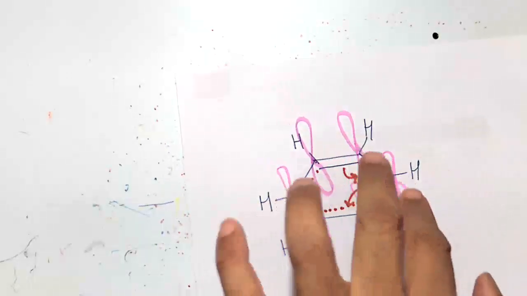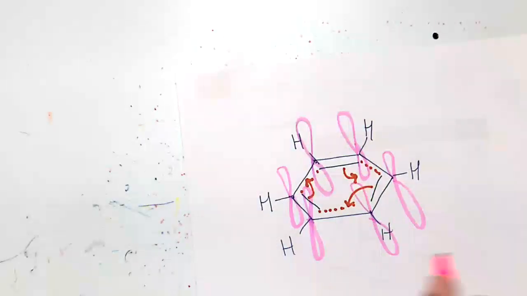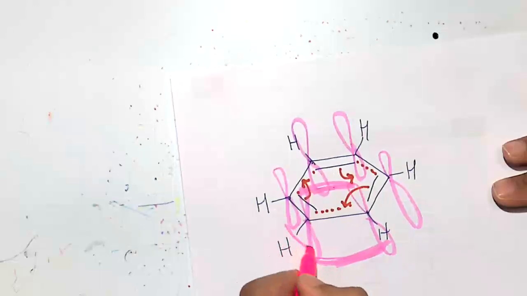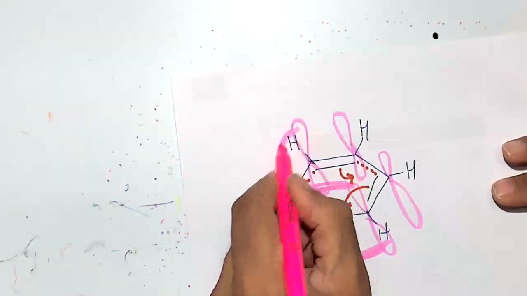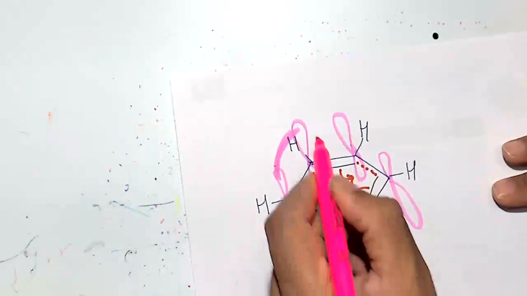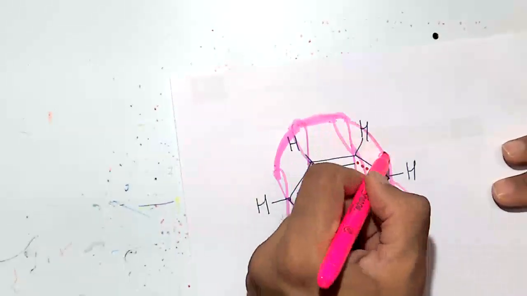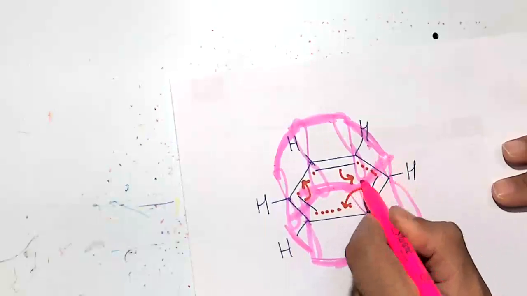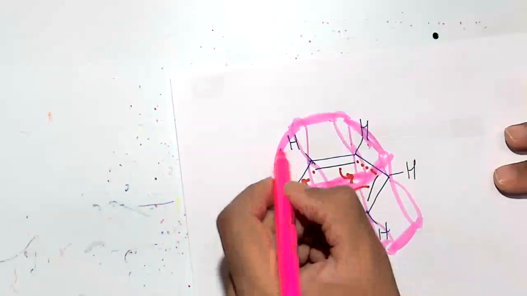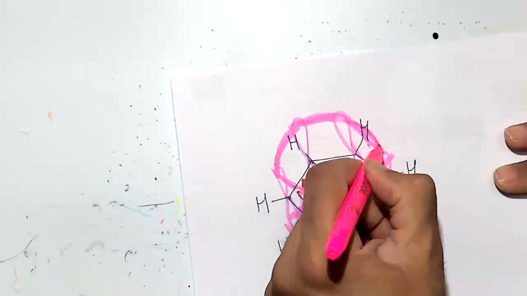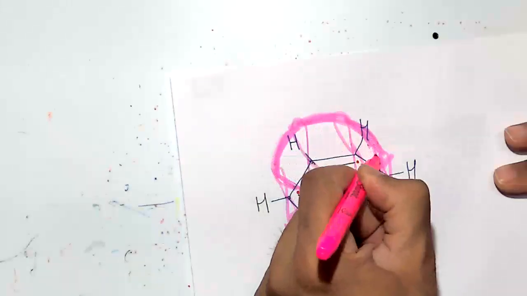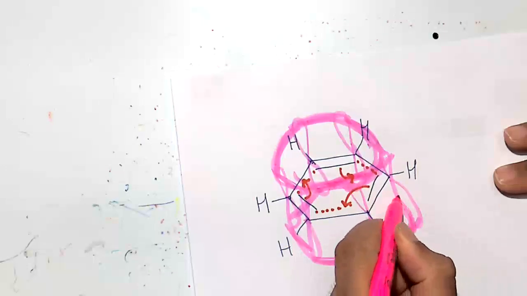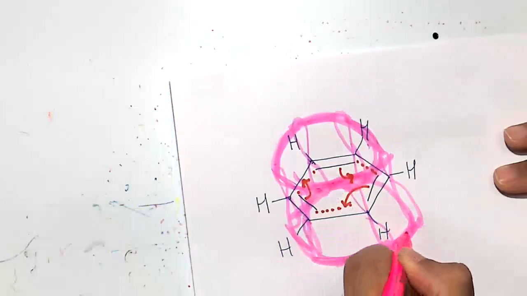So what you see here by the overlap of the p orbitals, what do we see here? I don't think my drawing is doing this justice. But there is an overlap above the ring and below the ring. Above the ring there's p overlap, and below the ring there is p overlap.